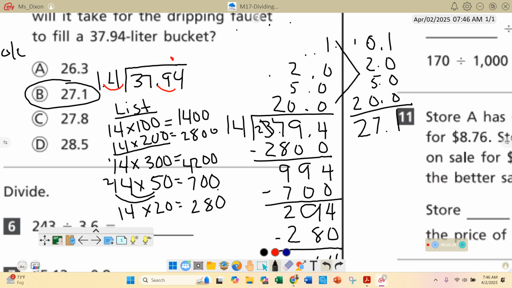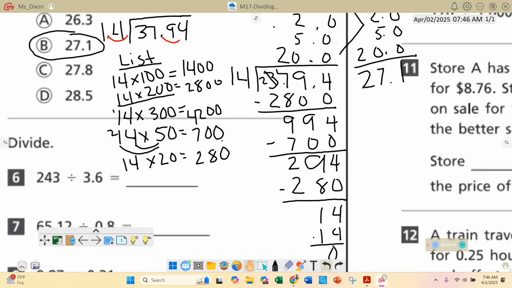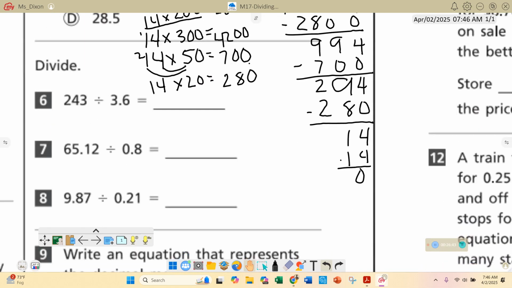All right, moving on. For questions 6, 7, and 8, we have done 2 division problems, so I'm not going to go over those. I will remind you that if you have a decimal in your divisor, like all 3 of these problems do, you want to move your decimal to turn it into a whole number.